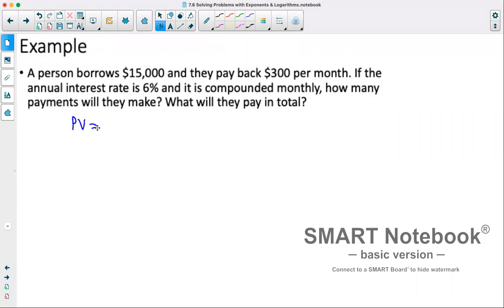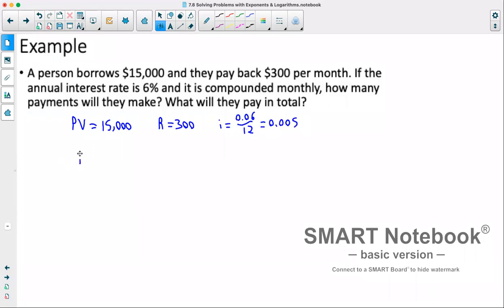We've got present value is 15,000. Our R is 300. Our i is 0.06 divided by 12. So that's going to be 0.005. And we want to solve for n.